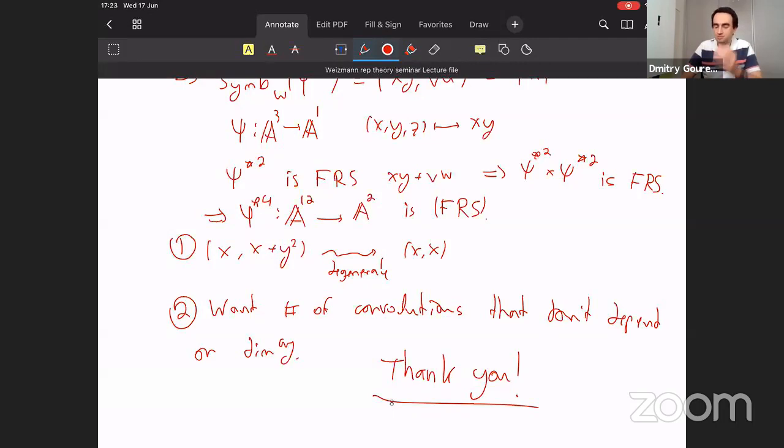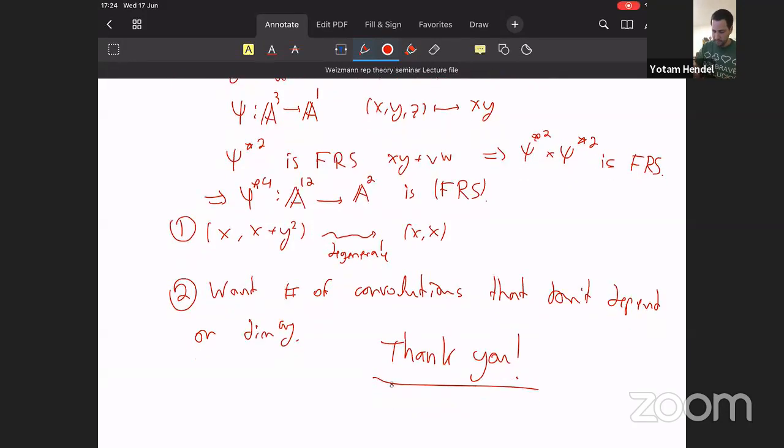Let me ask, so you showed us one application of this due to Eisenbud and Avni. Have you found since then other applications? So, okay, something else that really follows from this discussion is that if you know that the commutator is FRS after 4 convolution powers, then you have a very nice family of random walks induced by this commutator that you know are very close to uniform measure.